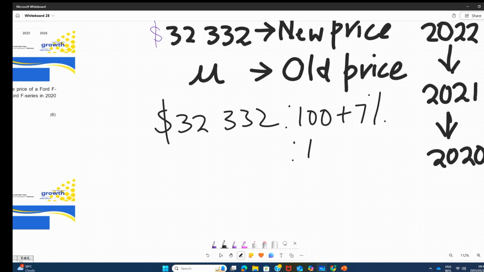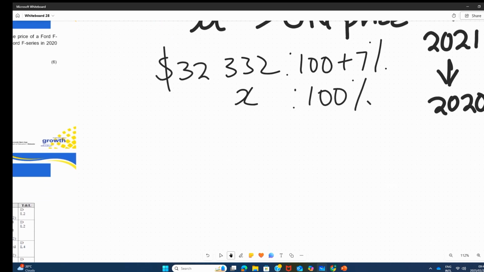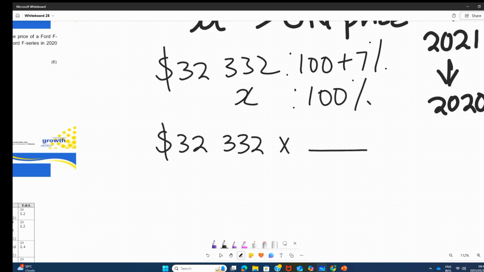We want the old one. The old one, we said it is always 100, whether we know it or we do not. Let me call it X in this case. And then let's do the calculation using this simple method. We would say $32,332 times, then let us use this method instead.